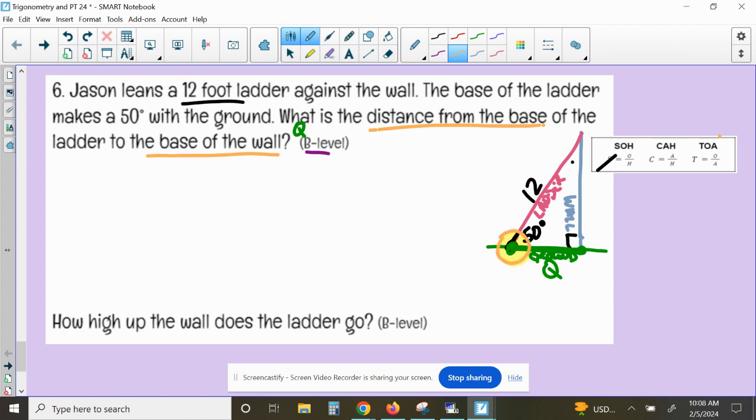Okay, so who is my hypotenuse? The 12. So this is my hypotenuse. Who's my opposite? The wall. So this is my opposite.